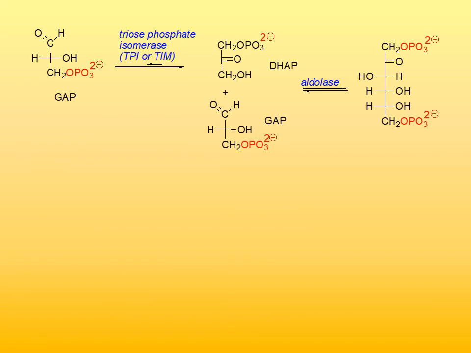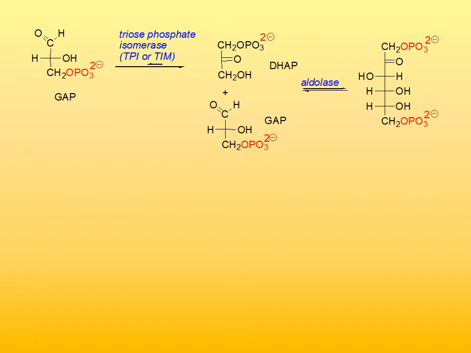In the next step, GAP that has been produced in the previous step undergoes isomerization. Only half of those GAP molecules undergo isomerization. The other half, of course, are unchanged because half is needed to prepare fructose 1,6-bisphosphate.